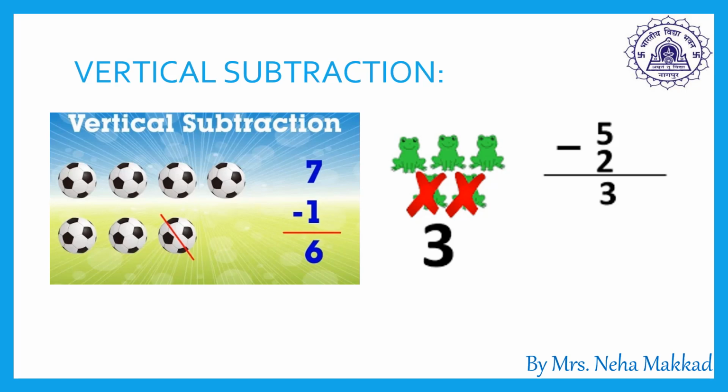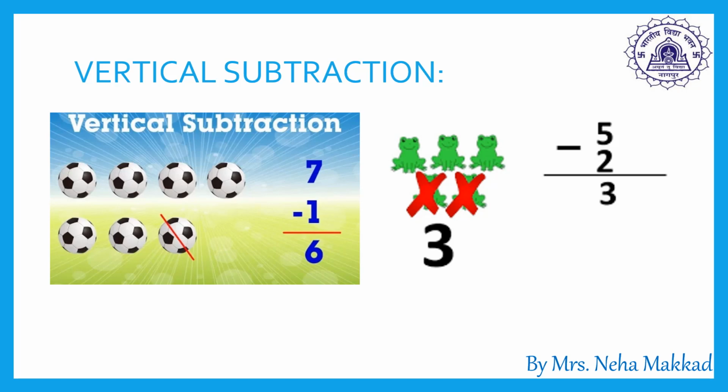In this operation, we will keep the bigger number above the smaller number and then we will subtract using vertical columns. That is why this operation is known as vertical subtraction, because we place the numbers one above the other according to its place value.